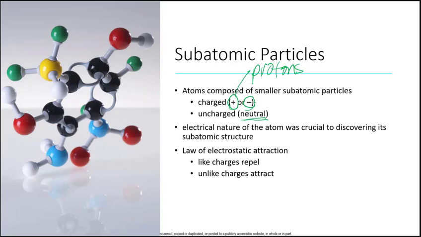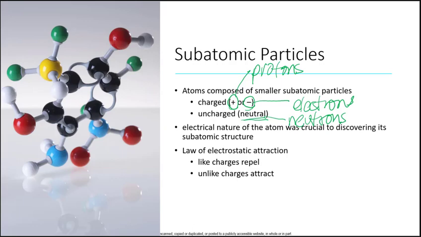The negatively charged subatomic particles are the electrons. And our neutral ones are our neutrons. So the electrical nature of the atom was crucial to discovering its subatomic structure.